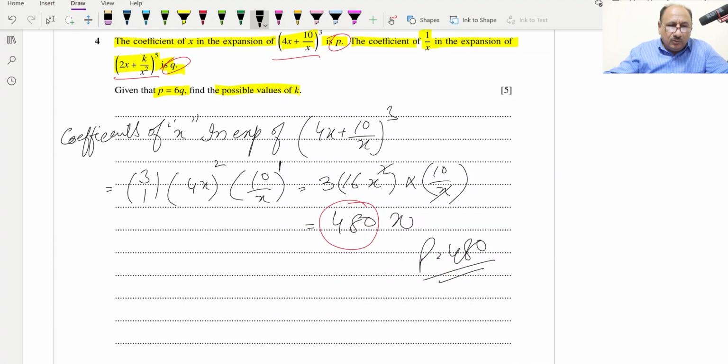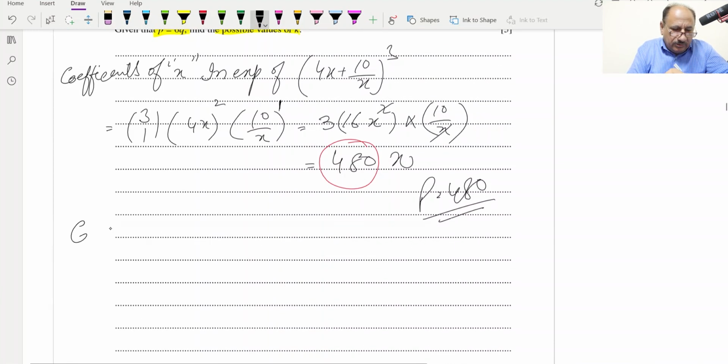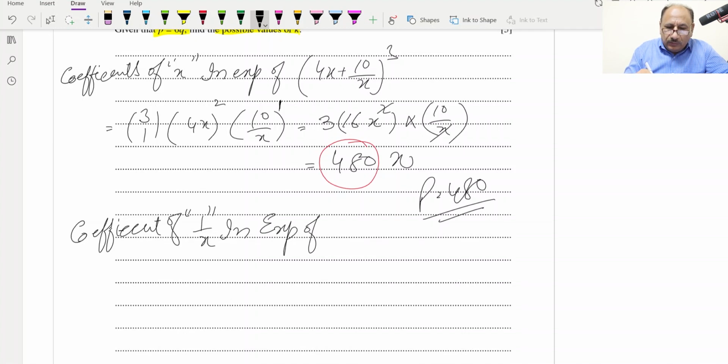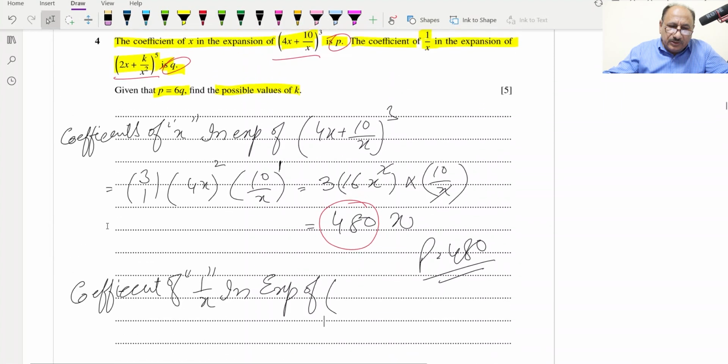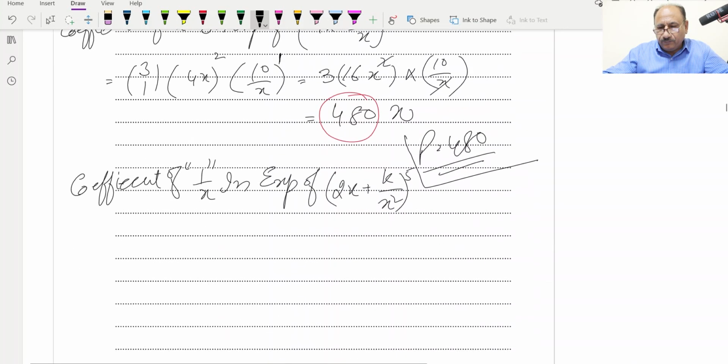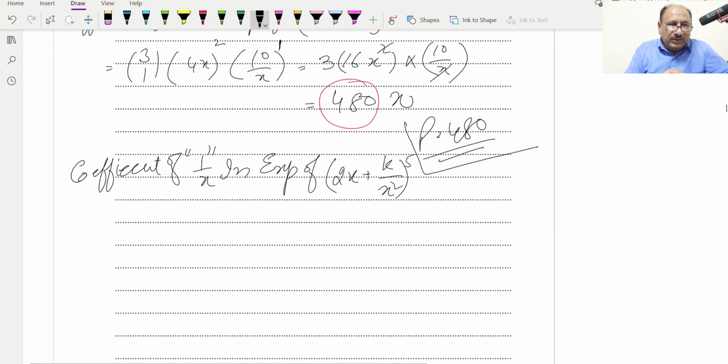Now the coefficient of 1 over x in the expansion of (2x + k/x^2)^5. Okay, now we can expand.